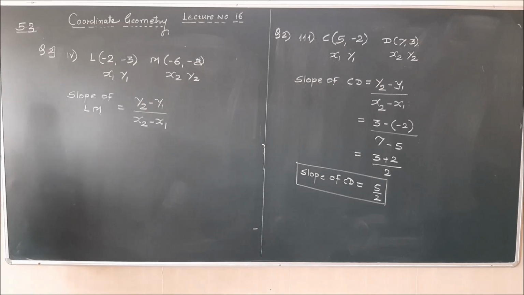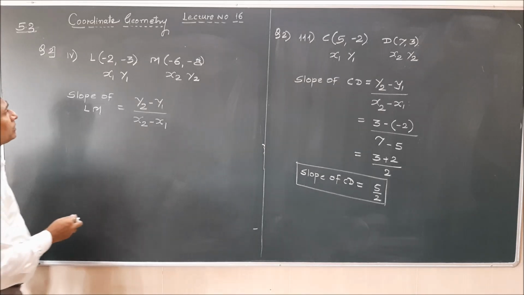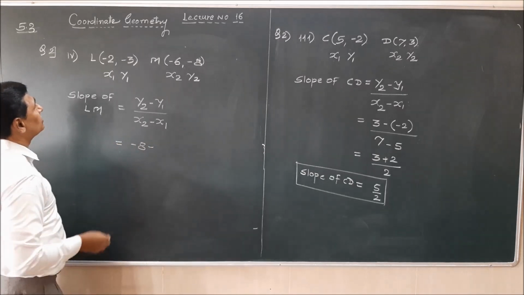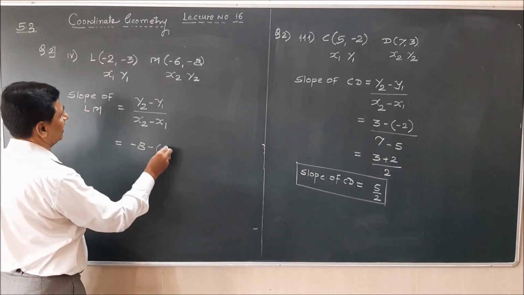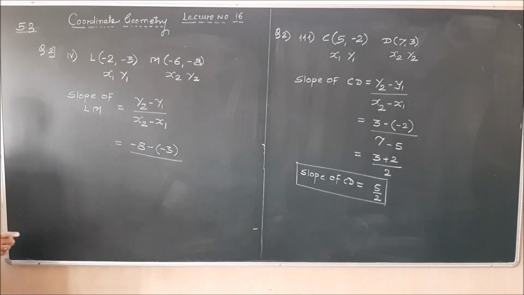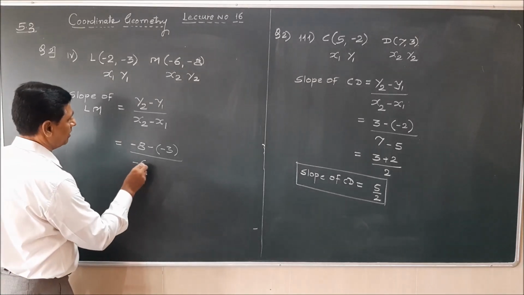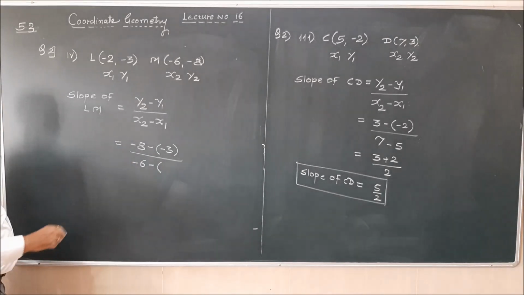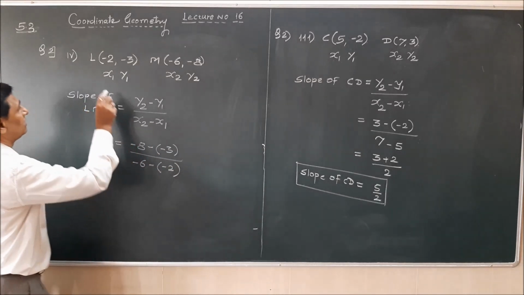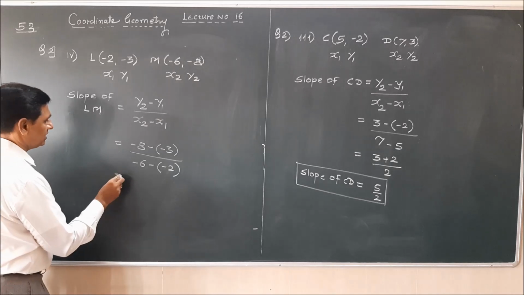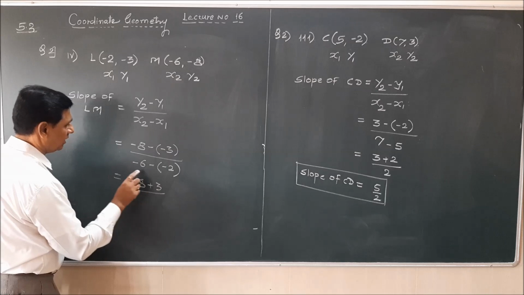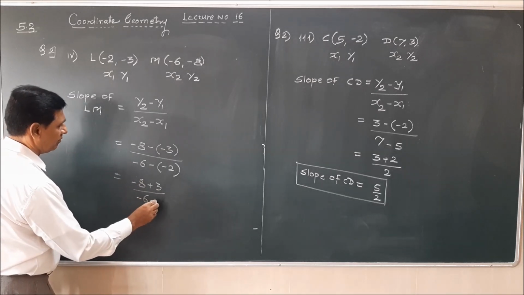Substitute the values. y2 is minus 8 minus y1, that is minus of minus 3, while x2 is minus 6 minus of minus 2, that is minus 2. So minus 8 plus 3 upon minus 6 plus 2.